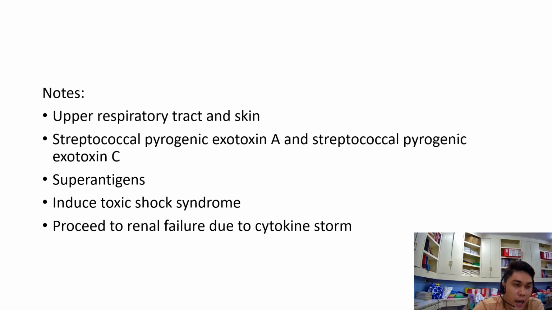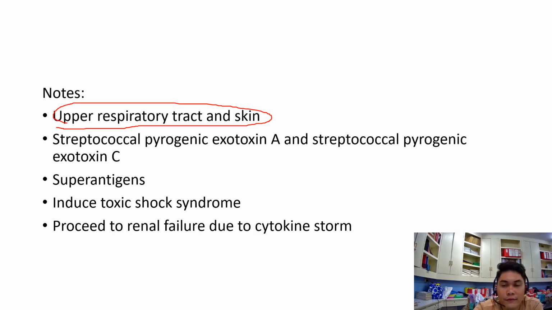Next, upper respiratory tract and skin. The common location of S. pyo infection is the respiratory tract, particularly the upper respiratory tract. For example, you have pharyngitis or sore throat. The next is skin, where you have impetigo, for example.